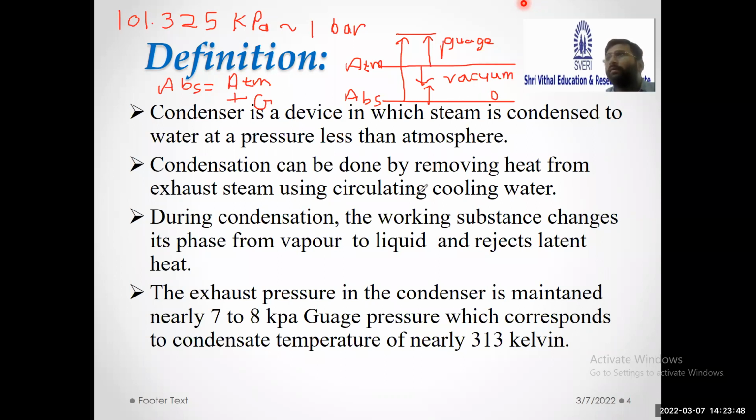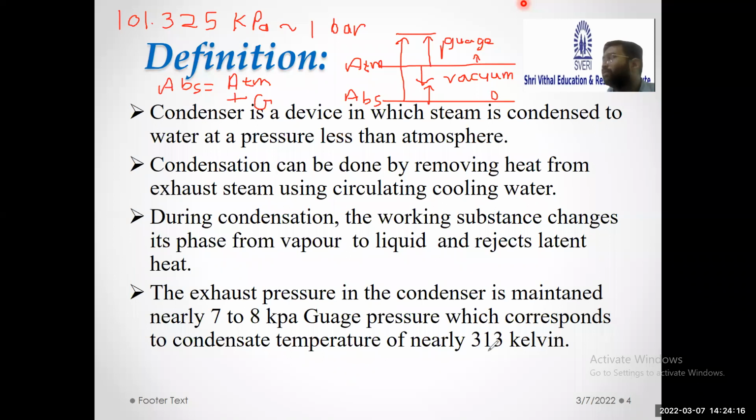Okay. Now here it says it is maintained at nearly 7 to 8 kilopascal gauge pressure. So it is very near to atmospheric pressure. It is just 7 to 8 kilopascal above atmospheric pressure, which corresponds to a condensate temperature of nearly 330 Kelvin. What is 330 Kelvin? How many degrees Celsius?